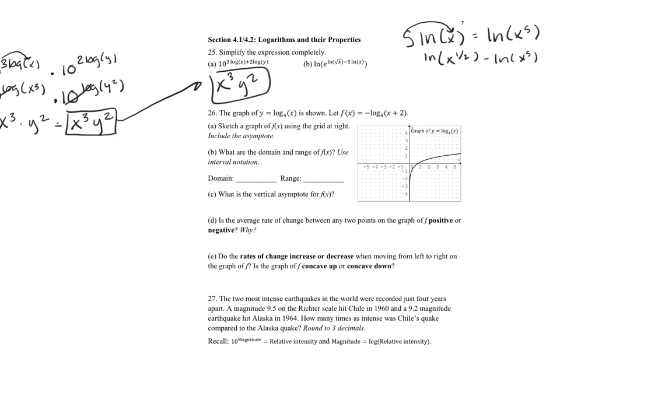Whenever we have natural logs that are being subtracted from each other, we know that means we can take their insides and divide them, right? So that's going to be equal to natural log of x to the 1/2 over x to the 5th. You can do this yourself, but that'll simplify to natural log of x to the negative 4.5.